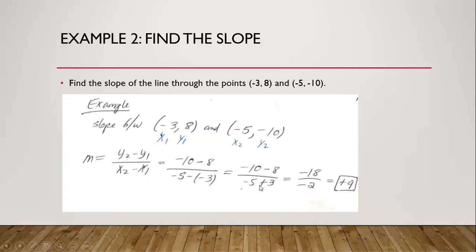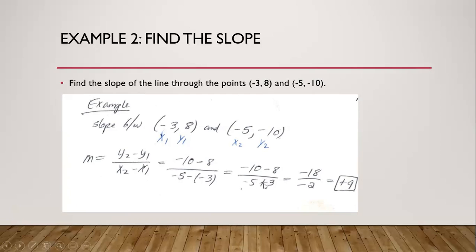Now I want you to notice several things. Number one, this -5 didn't change. This -8 didn't change. This -10 didn't change. The only thing that changed was this minus negative. When we have a minus and a minus next to each other, or a negative and negative next to each other, think of it whichever way you want, we change them to a plus.